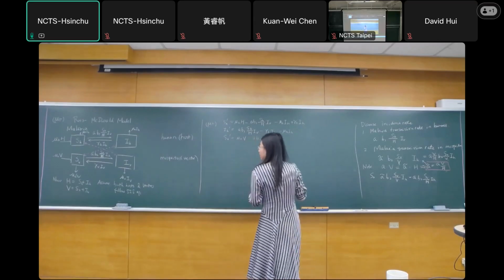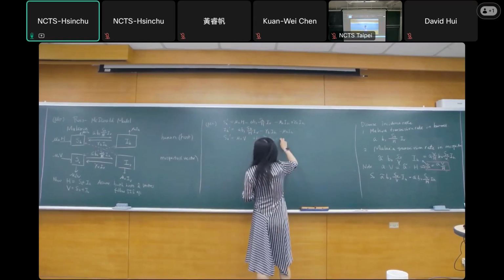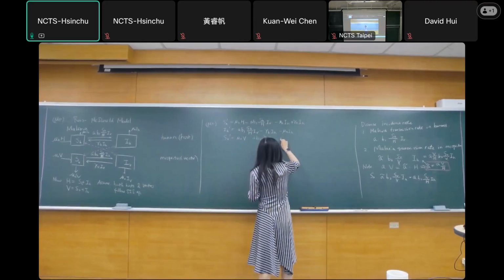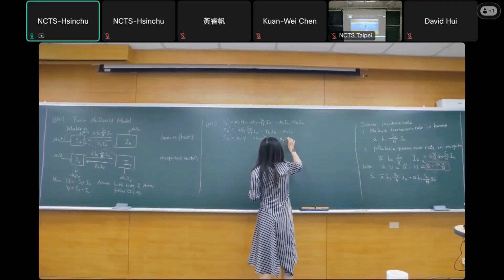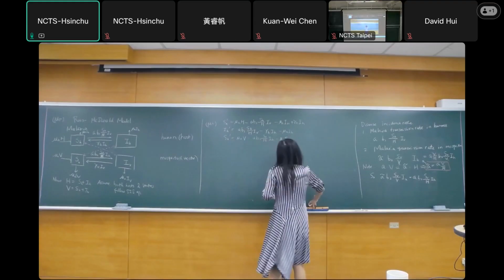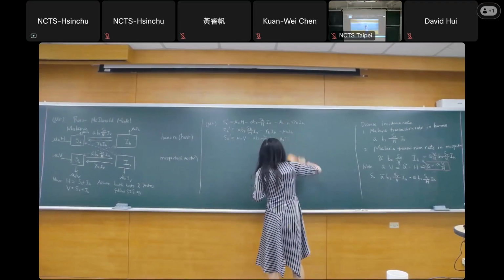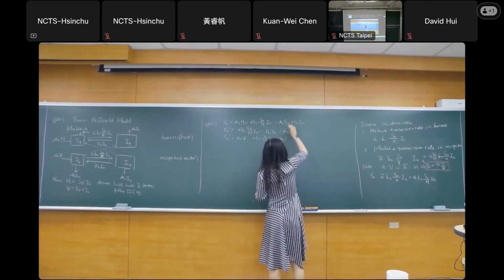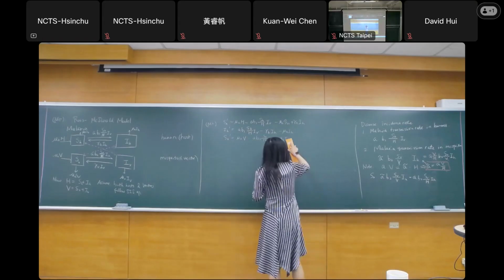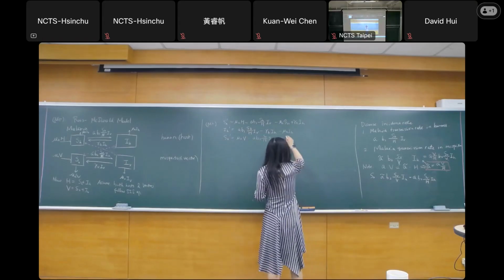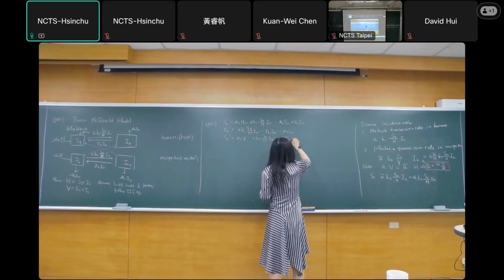Let me know if I copied anything wrong. What I'm trying to do is follow that. Oh, this is wrong, right? This should be the derivative of the vector.